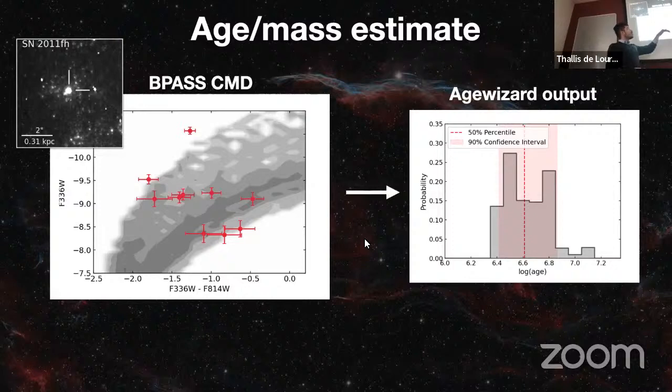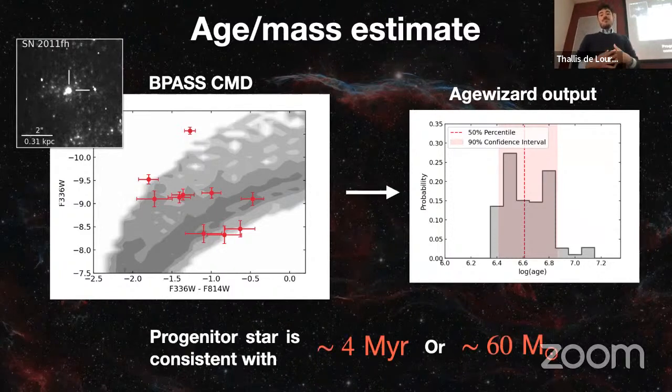And then we used this other code called Age Wizard, which gives us an estimate in age, so a window in age of the fitted data to the color magnitude diagram. And we found the median age to be around log 6.6, which is around 4 million years. And this translates to a mass of 60 solar masses for the progenitor of 2011 FH. And this mass is actually the same that was estimated for the progenitor of 2009 AP.